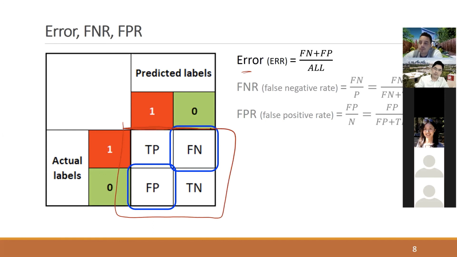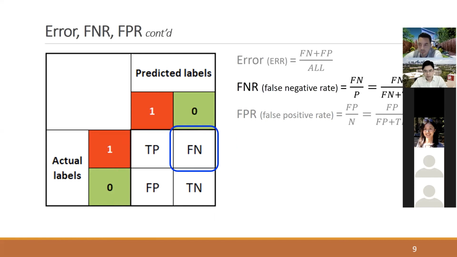Visually, it will be easy to understand, and the formula itself is not very hard to remember. Overall error is not the hardest part. So when you calculate error, it's the total of the off-diagonal cells divided by the total of the 4 cells. That's it. That's error.